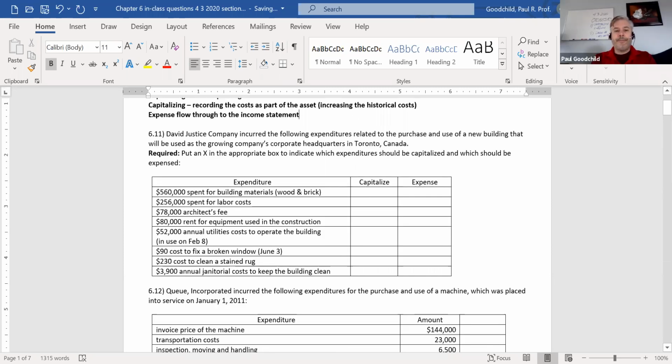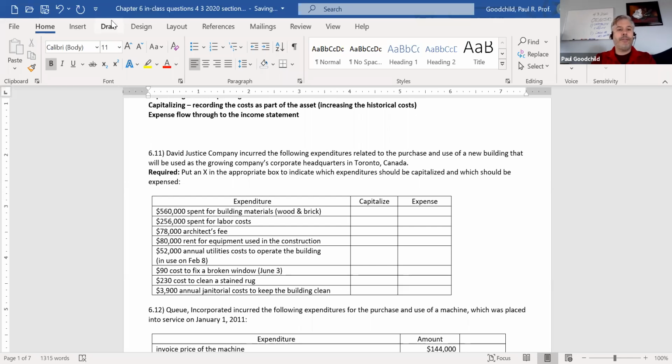Essentially, when we're talking about what we should capitalize, we want material expenses that change or improve the asset, extend its useful life, or modify its use.